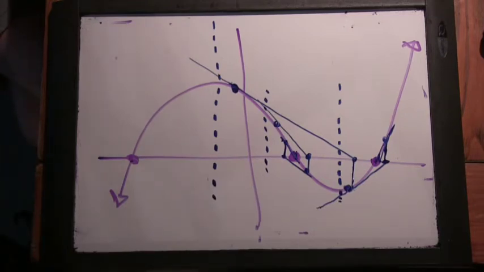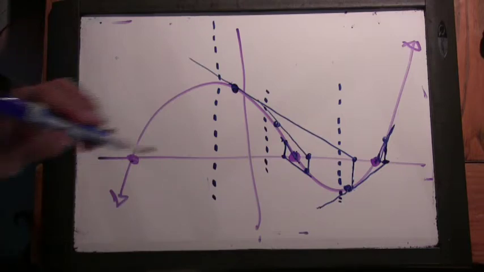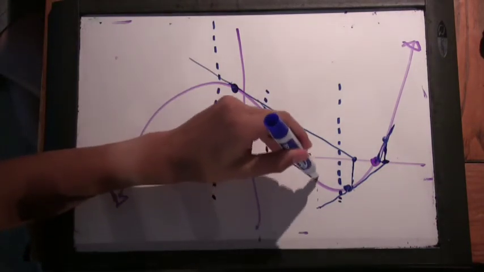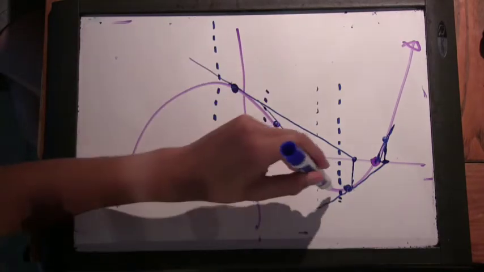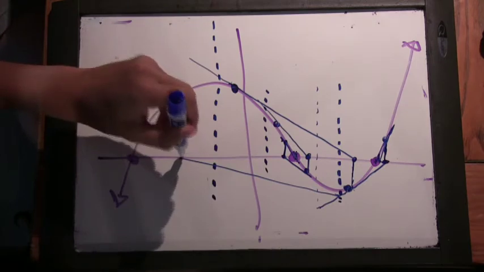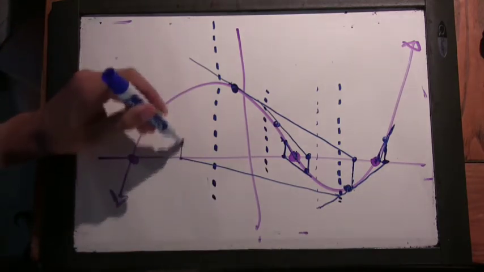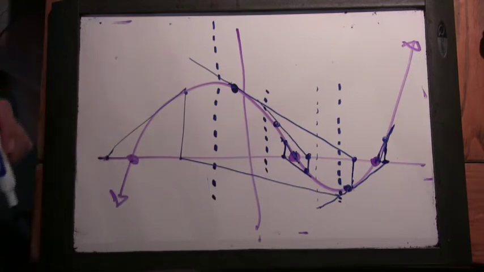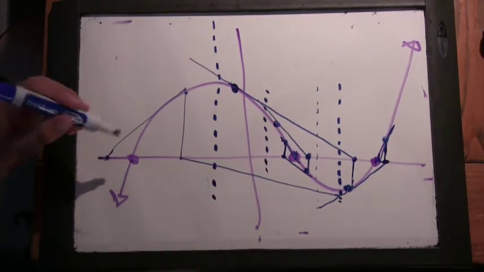Oh, I see it. There's going to be a small region here that we can start here. The tangent line is going to be shallow enough, and we can get over to here, and then we'll leave at this point. Okay, what happens there?